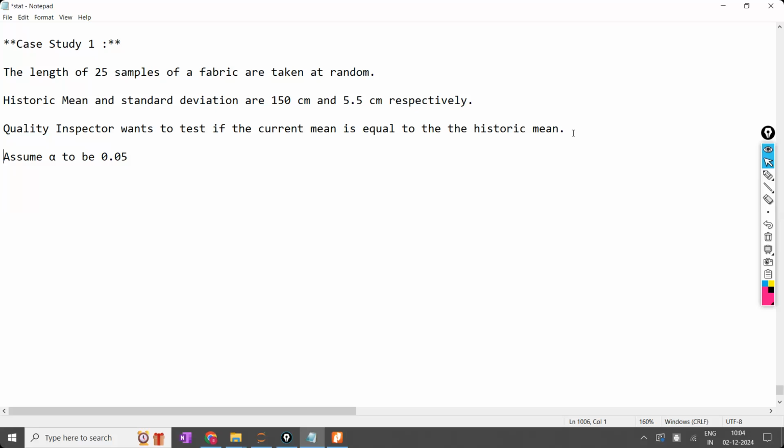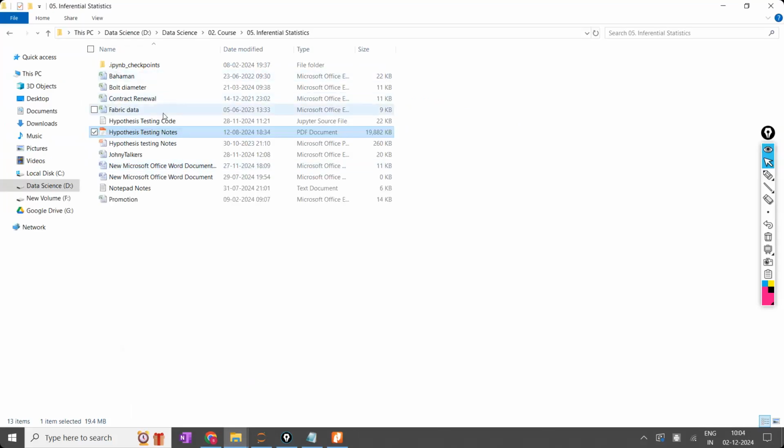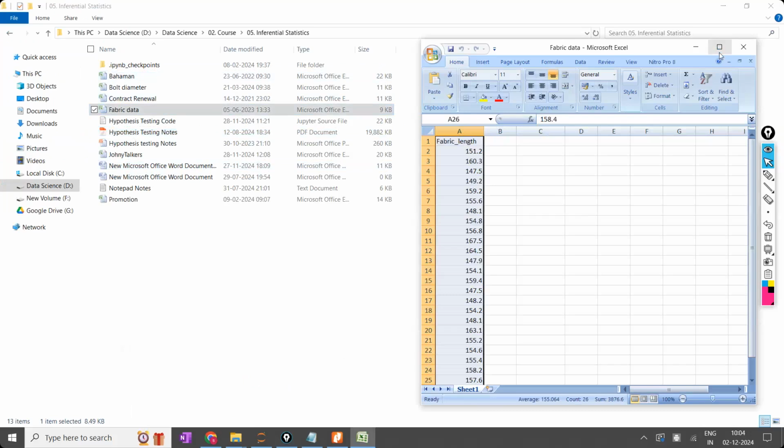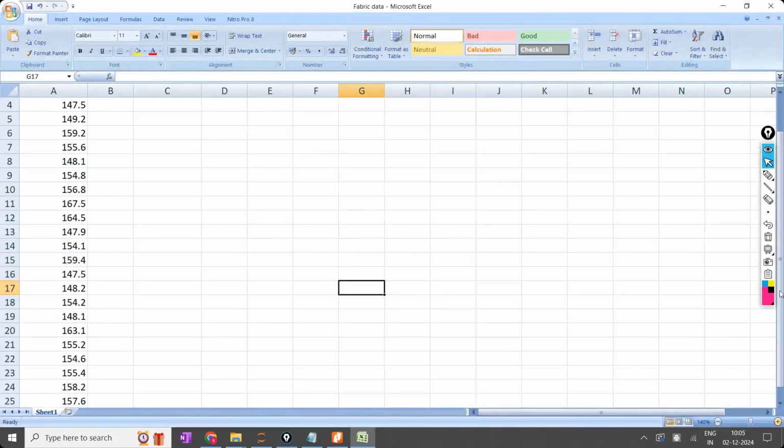Now, the quality inspector wants to test whether it is having that or not. So what he has done is he has selected 25 samples of fabric at random, and for these 25 fabrics, we are going to get the data like this. This is the data. Each length is this one.